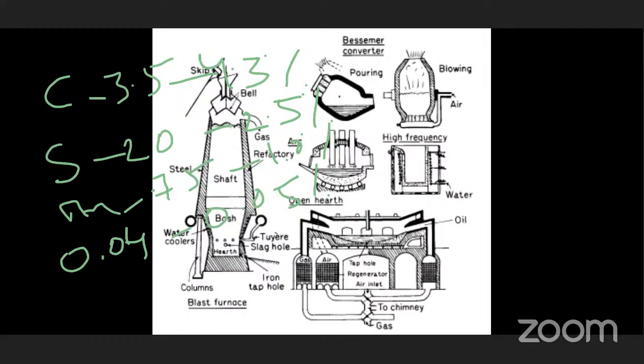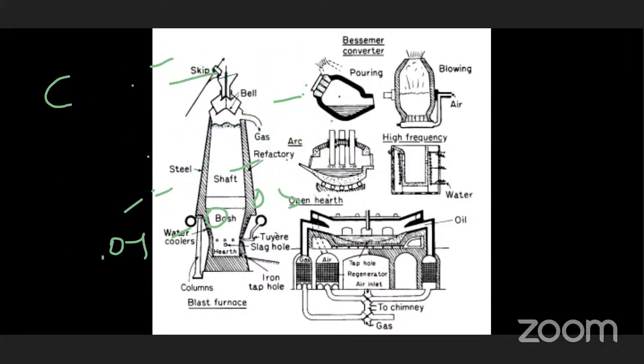If the pig iron is not maintaining these compositions, then we might add some things to achieve them, or sometimes we will not consider this. Now we will see the operation of the Bessemer converter. In the Bessemer process, how is steel produced?